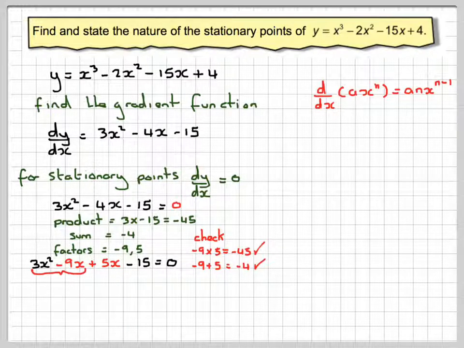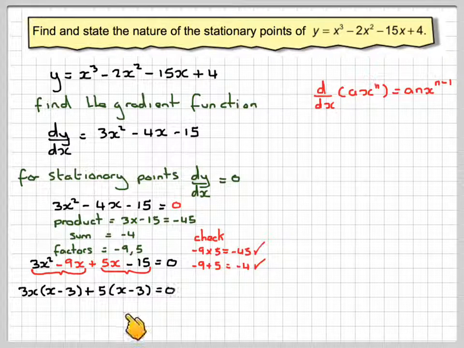Right, and then you do what's known as factorizing by grouping. So there's a common factor here of 3x, so that comes out, and what's left in the bracket is x minus 3. Plus, when you group the next two terms together, the common factor of 5 here, so you take that out, and you're left with x minus 3, is equal to 0.